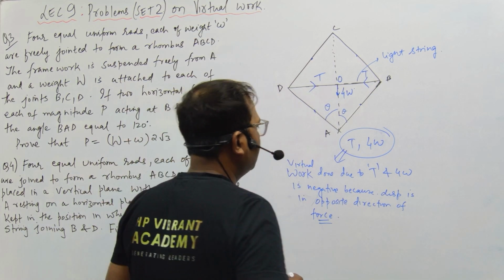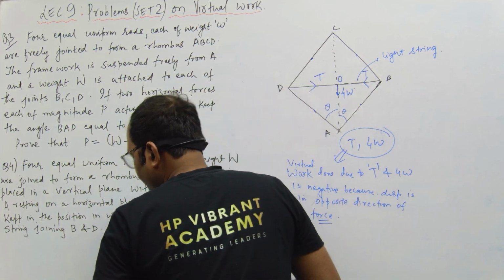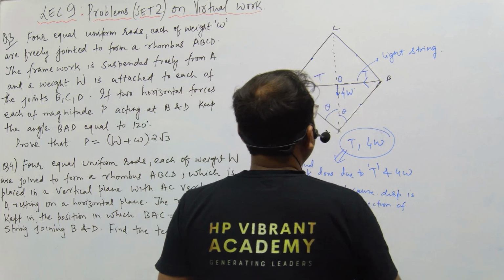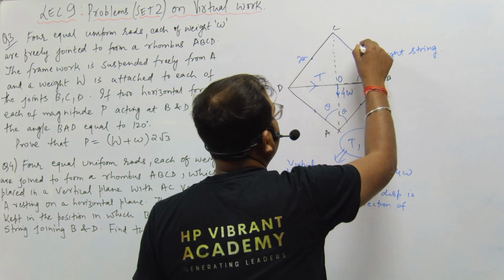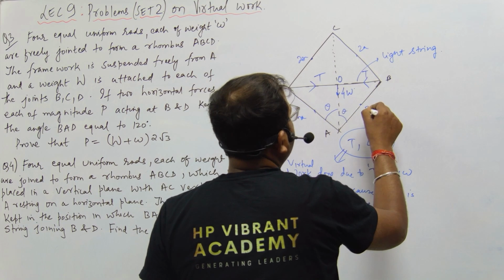Before writing the virtual work, let us take the length of each rod as 2a. This is 2a, this is 2a, this is 2a, and this is 2a.